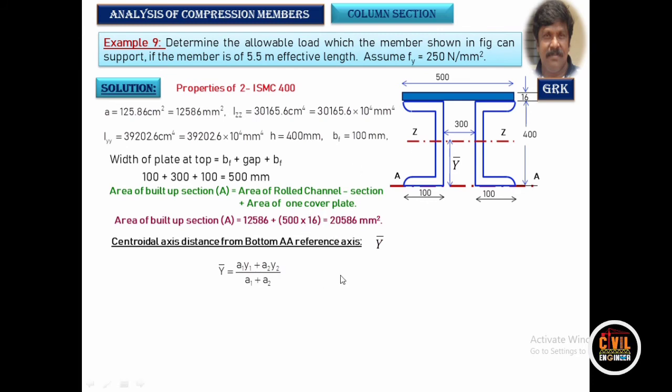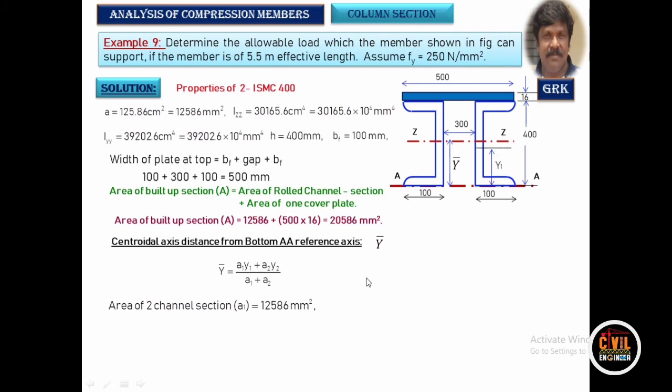A1 is nothing but the total area of these two channels. A2 is the area of this cover plate. Y1 is the centroidal distance of the channels, and Y2 is the centroidal distance of the plate from the AA reference axis.